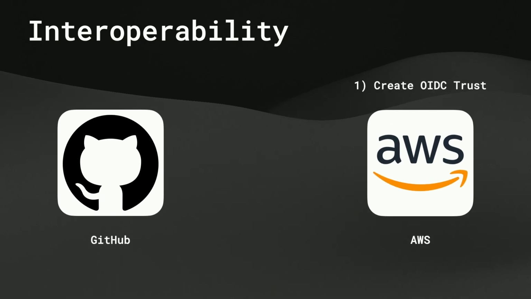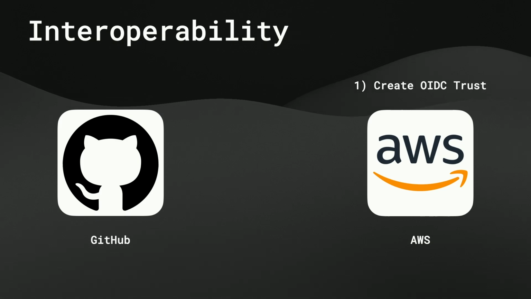So the first step when it comes to the OpenID Connect integration is you're setting up a trust in your AWS account. This is where you go to the IAM console. There is a section for adding trusted providers, and it's really well documented on the GitHub side. This establishes GitHub as an external identity provider that is allowed to assume roles within your account.